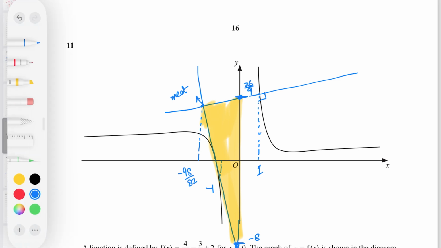When you input a minus 98 upon 82 in the equation, plus 2, minus 98 upon 82, what do we get? I'm doing it directly in the calculator. We get 2.167.